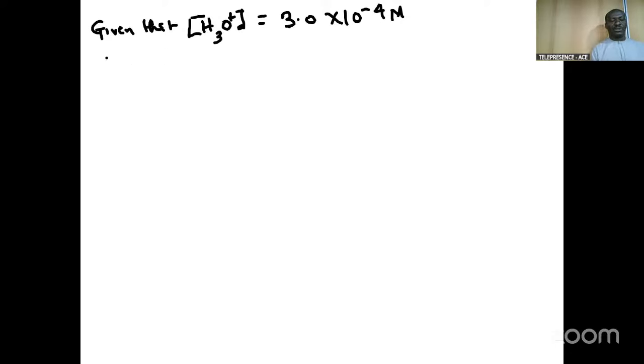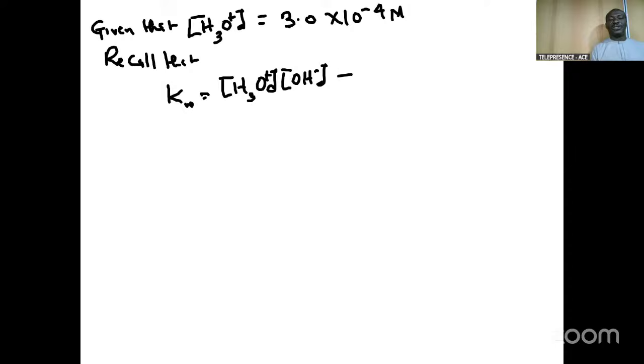We know, so I can say recall, that Kw is equal to H3O plus times OH minus, which is equal to 1 times 10 raised to power minus 14.